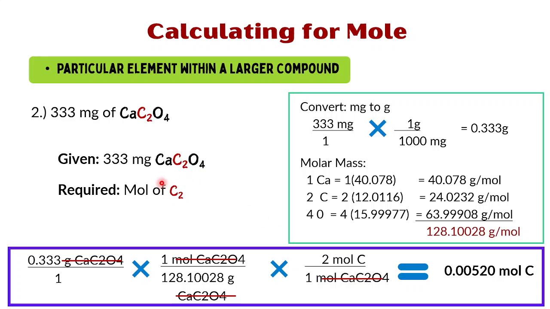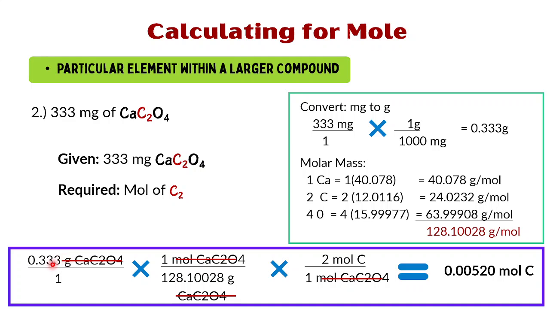What is only added here, class, is that we converted it from milligram to grams. So this is how we usually convert, no? Or we calculate the mole of a particular element that is embedded in a larger compound.